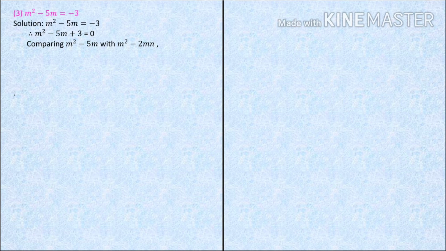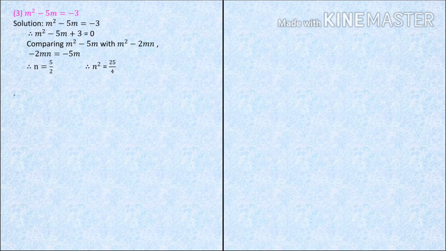Now compare the first two terms of the equation with m square minus 2mn. m square gets cancelled. So minus 2mn is equal to minus 5m. m cancels, minus sign also cancels. Therefore n is equal to 5 upon 2.